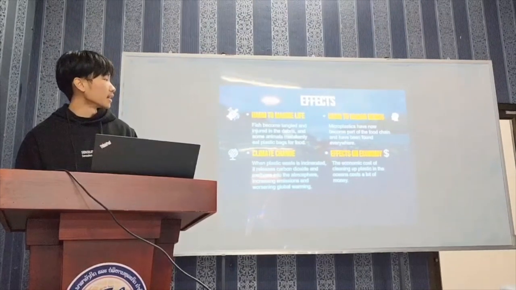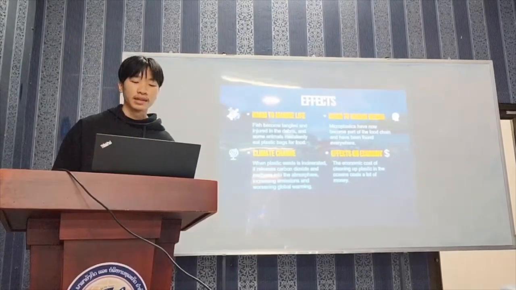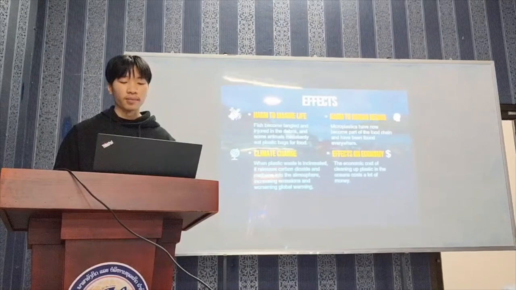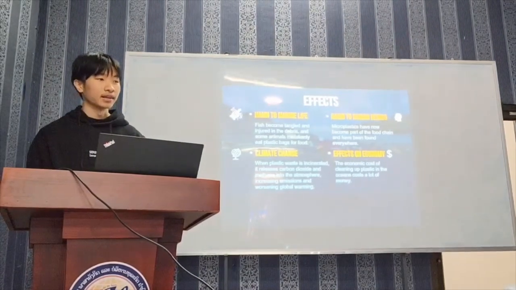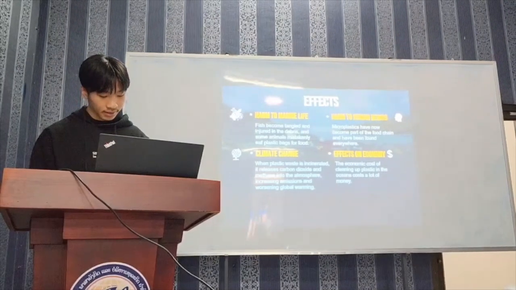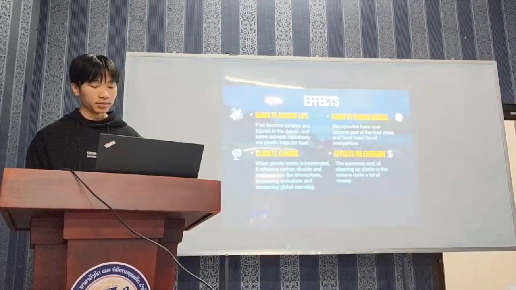And the last one is effect to economy. The economic cost of cleaning up plastic in the oceans costs a lot of money. That's enough for that. Let's go to the next point.